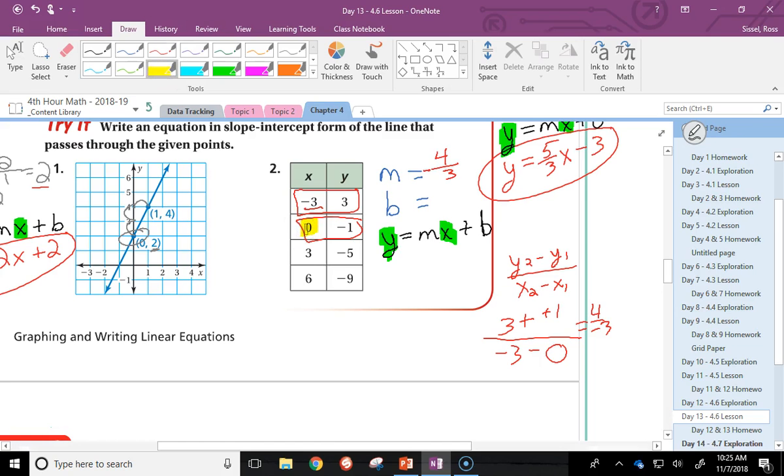X was 0, so this 0, negative 1 is the coordinate to your y-intercept. Your y-intercept is negative 1. We rewrite our equation. Y equals negative 4/3 x minus 1.